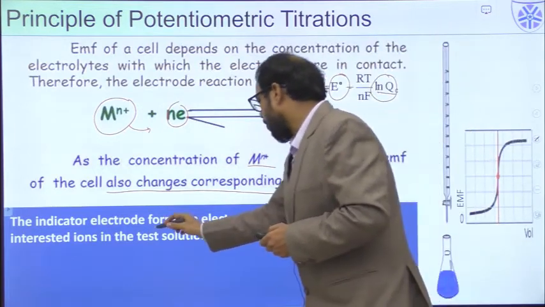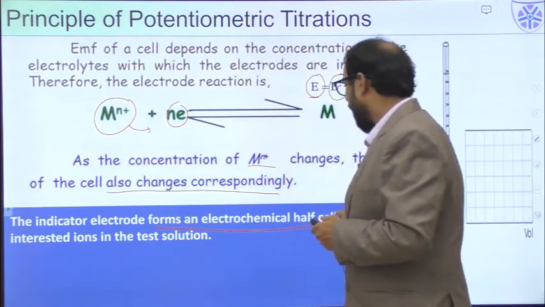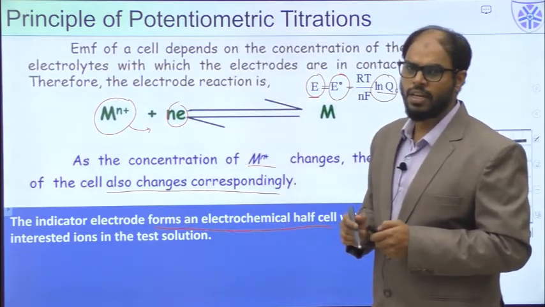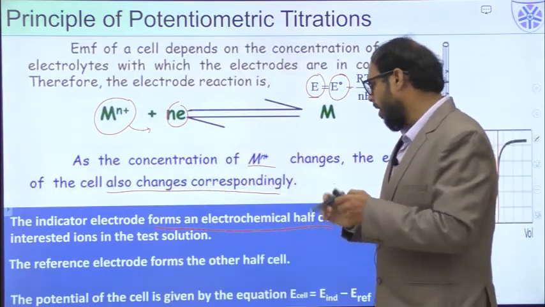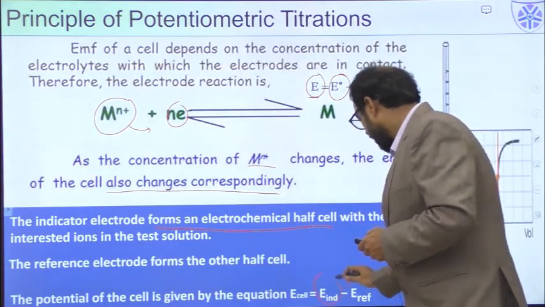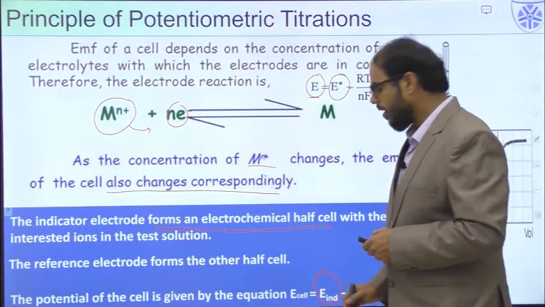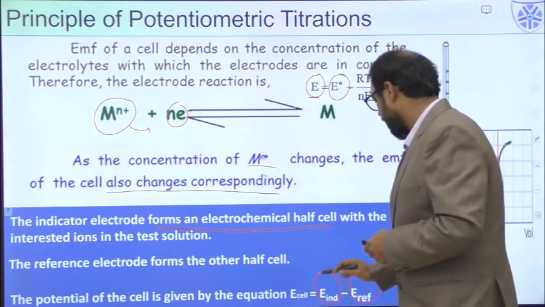The indicator electrode along with the reference electrode forms the electrochemical cell. We have actually two half cells. One half cell is taken by the indicator electrode, the other half cell is taken by the reference electrode.